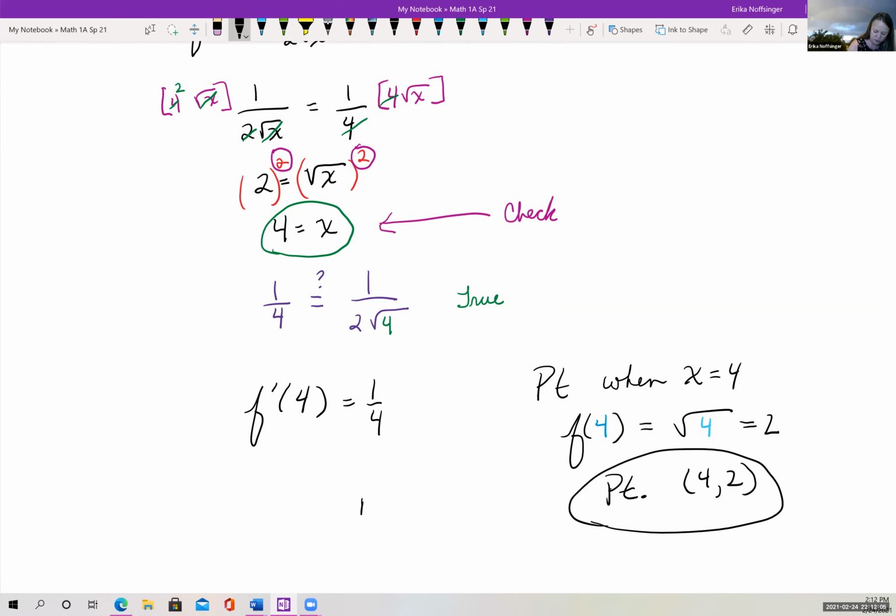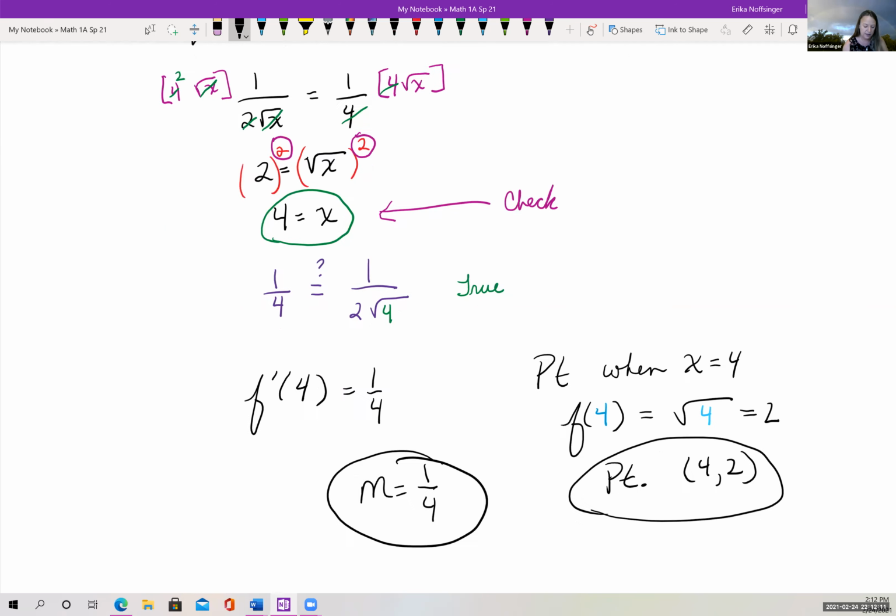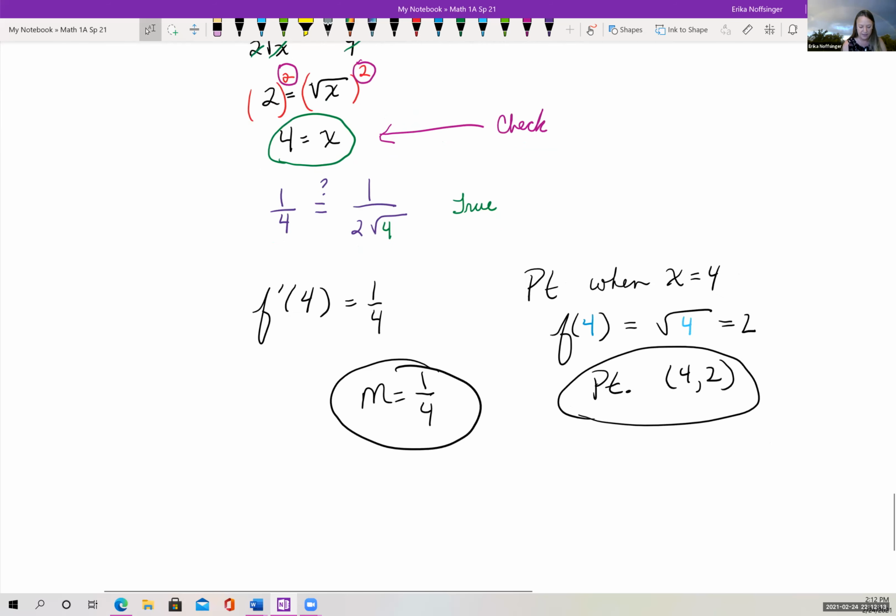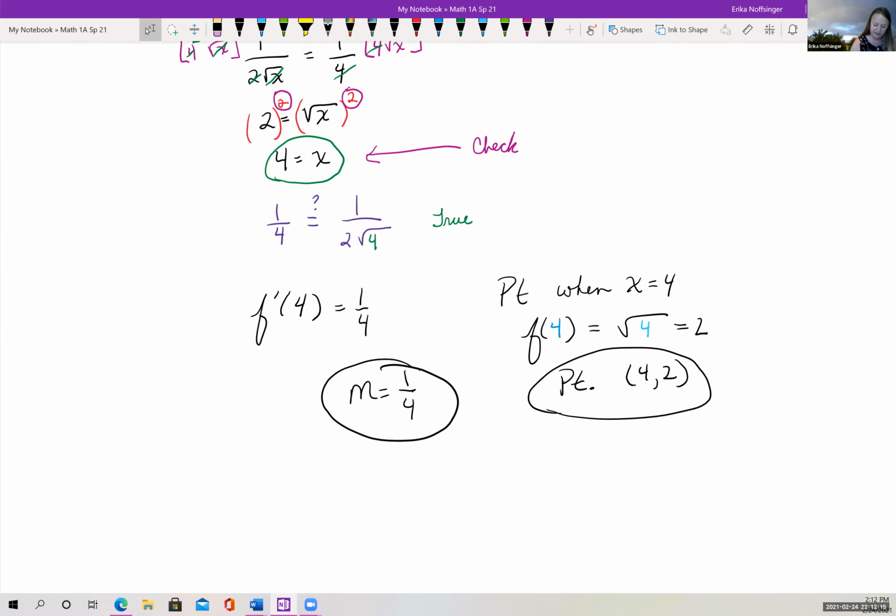Our slope of that line, we were told at the beginning, they wanted it to equal a quarter. And so now we can go through and find that equation of a tangent line. I'm going to use y equals mx plus b, plug in what we know for our point and our slope, and solve for b, and then we have that equation.